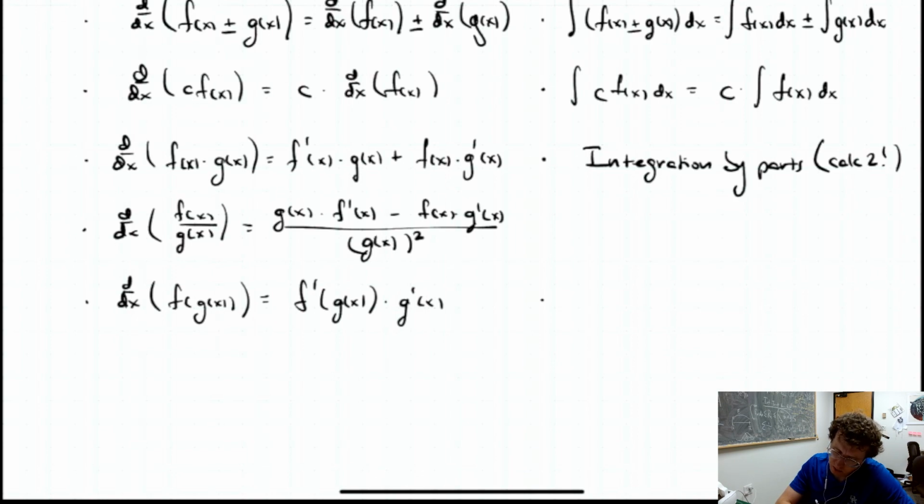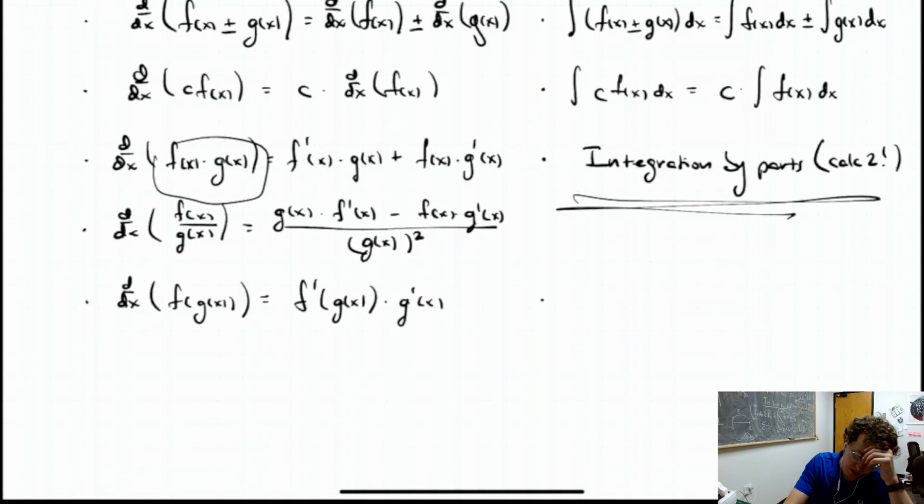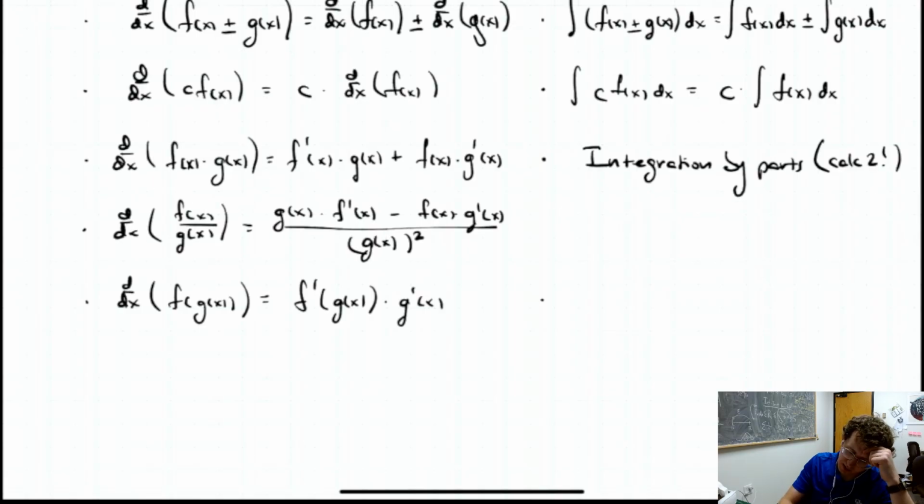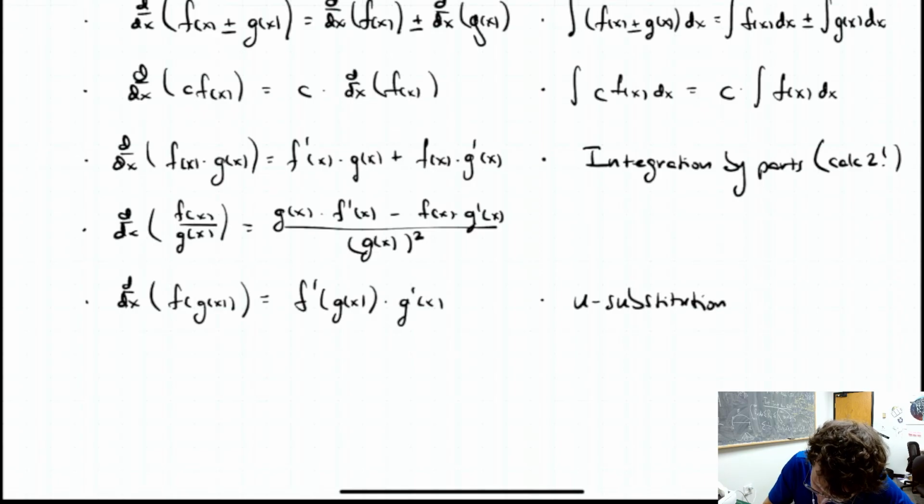And the way that you should think of this is that integration by parts is used to undo the differentiation of a product. So what is used to undo the differentiation of a composite function? It's U substitution, which we will cover after break.